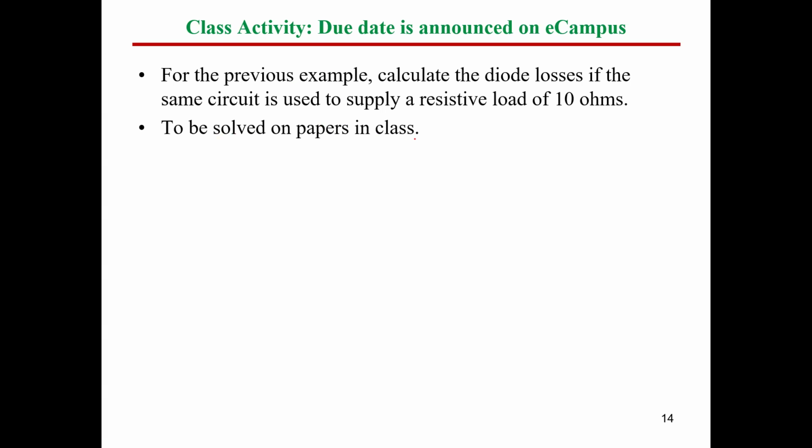So instead of solving in the class, you need to solve this on paper and submit it on eCampus. So the question says now, if I'm going to supply a resistive load of 10 ohms, so I will have a resistive load of 10 ohms like that, and I need to use the same circuit we have here.